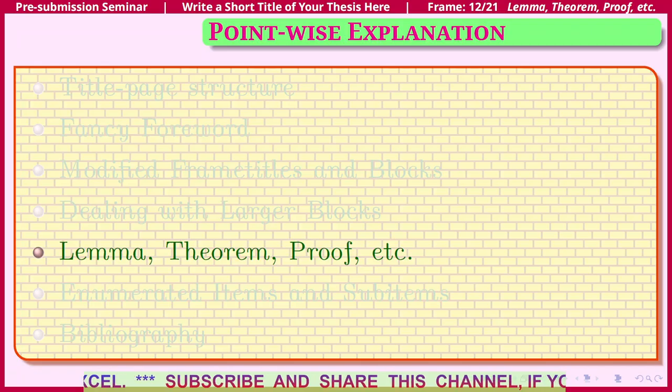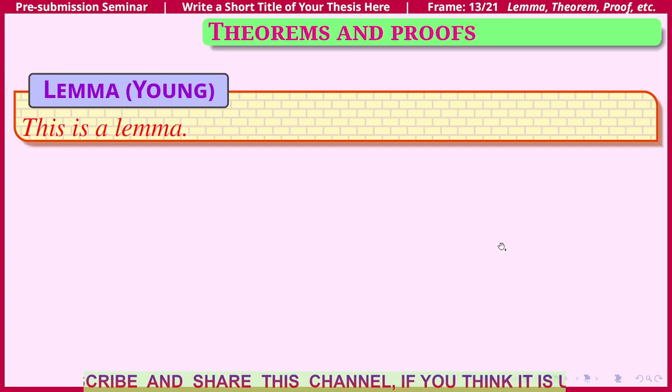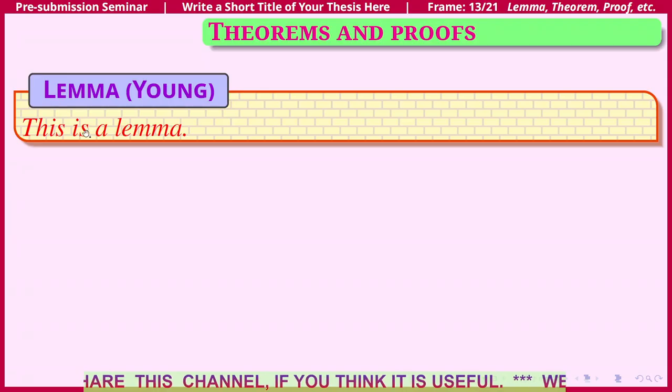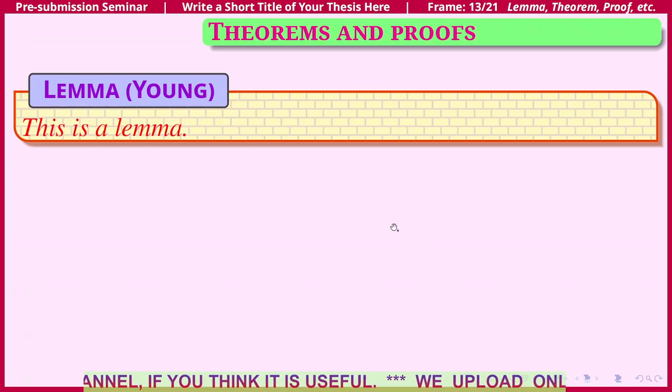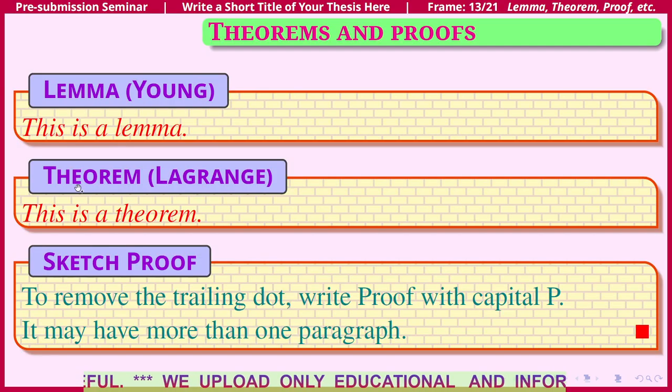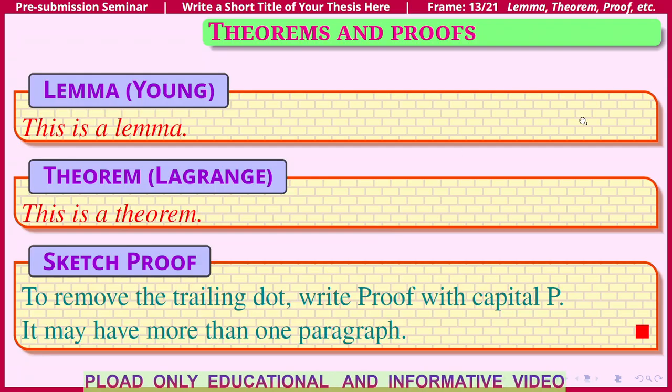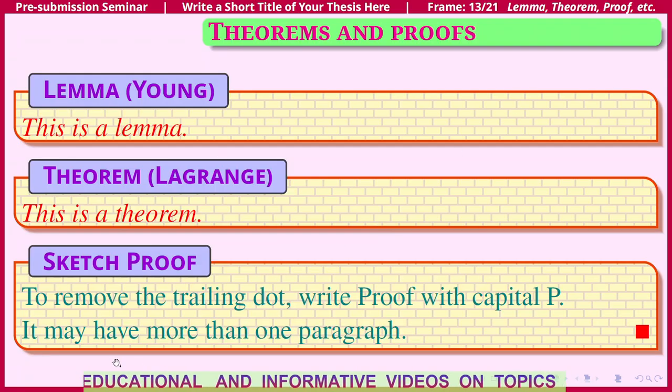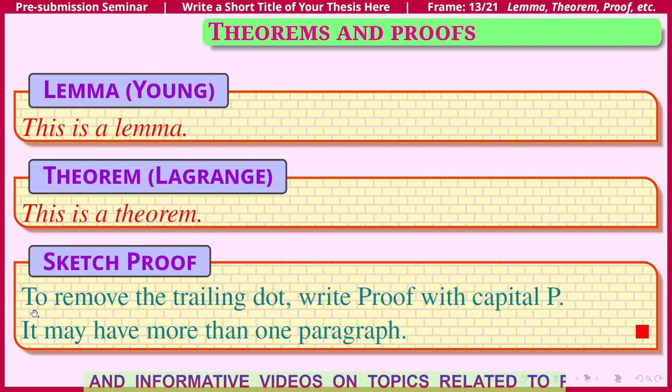Then comes this lemma, theorem, etc. This template is compatible with the theorem environment. So if you write begin theorem and end theorem, all these blocks will be automatically created. And this proof environment, something I'll tell you.